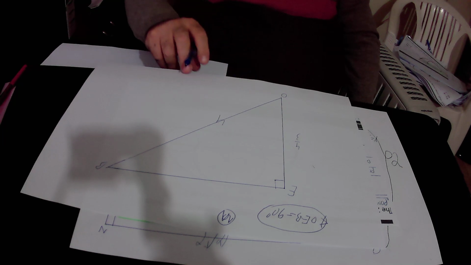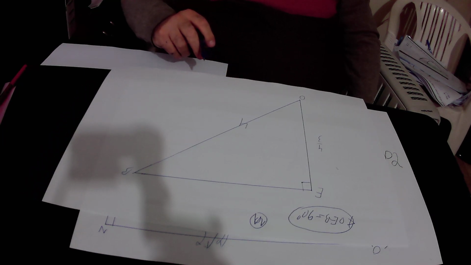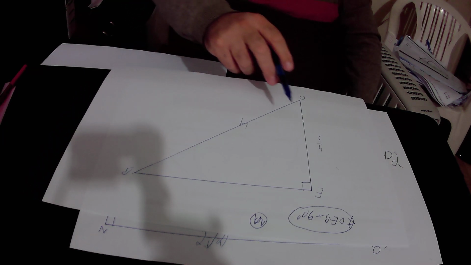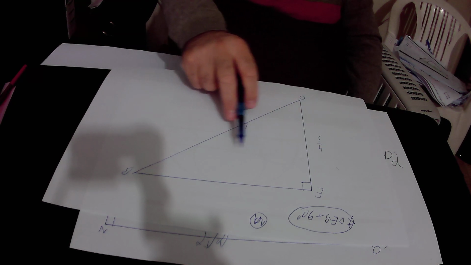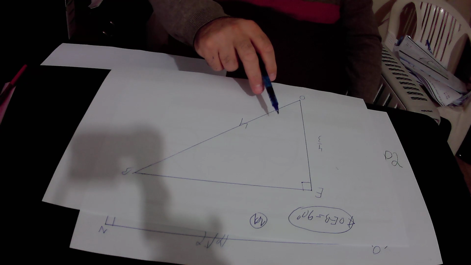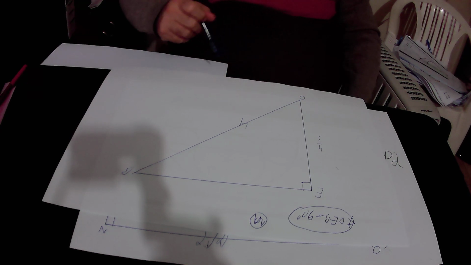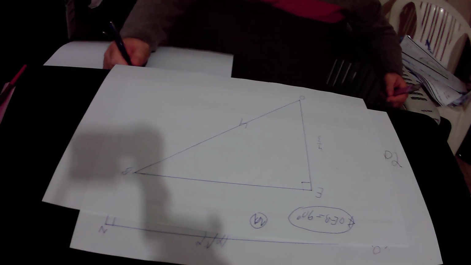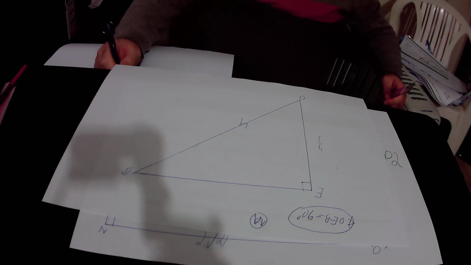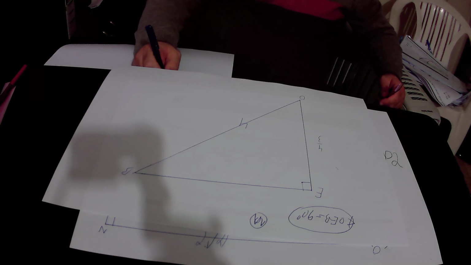The only thing left to do is to find the length of side EB of the right triangle OEB, and according to the Pythagoras theorem, the square of the hypotenuse equals the sum of the squares of the perpendiculars.